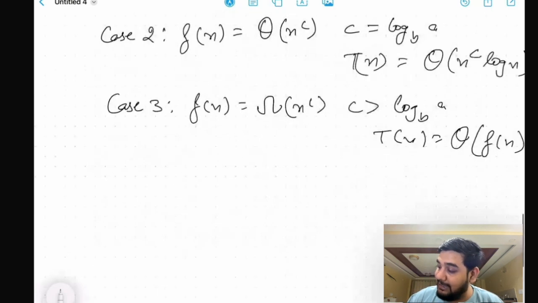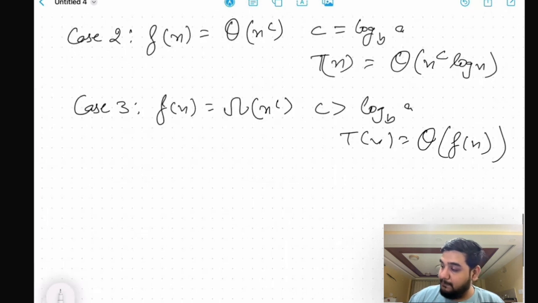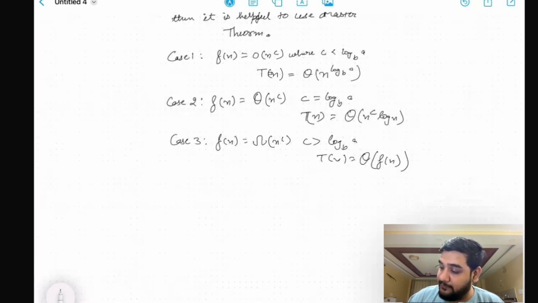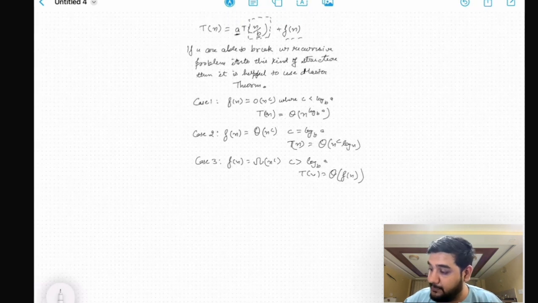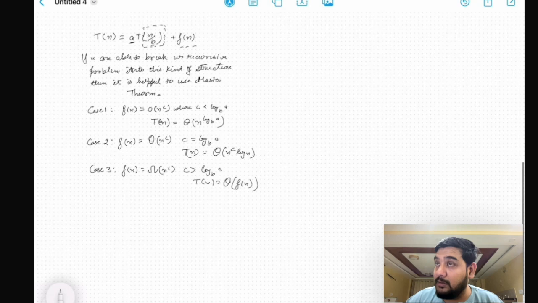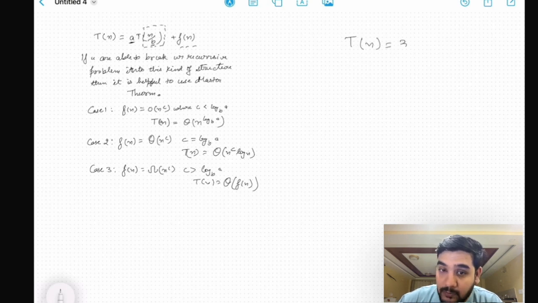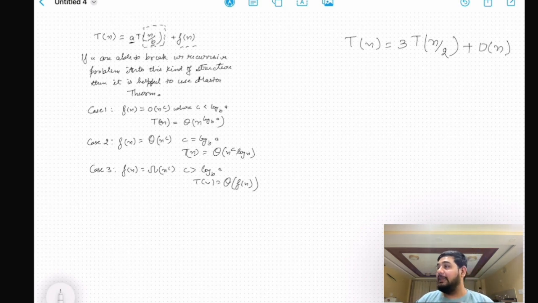Okay, now let's take one example and understand it in a much better form. I hope it's visible now. Cool. One example is T(n) = 3T(n/2) + f(n), where f(n) is n. Anybody want to try what the complexity of this will be? You can try and type the answer.